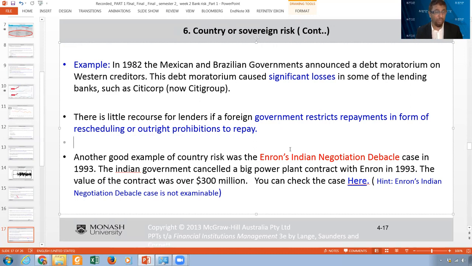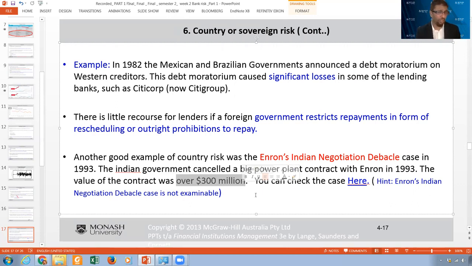And when they built the power plants, a payment of $300 million had to be paid to Enron. But with the new government coming in 1993 in India, that payment and that contract was canceled because the government of India thought that Indians could do it themselves.